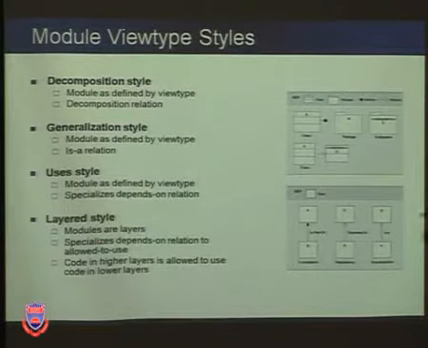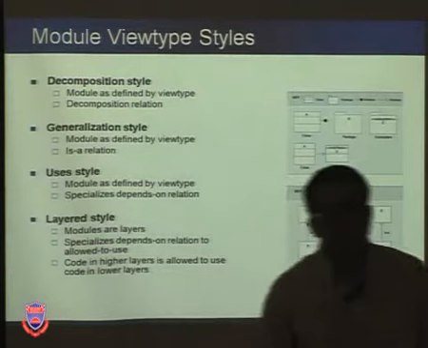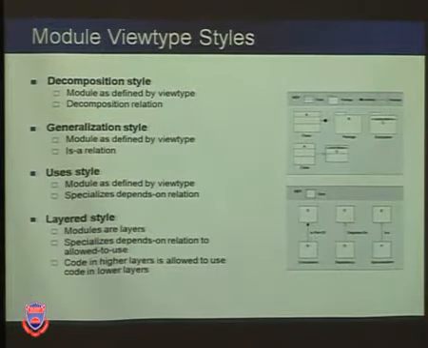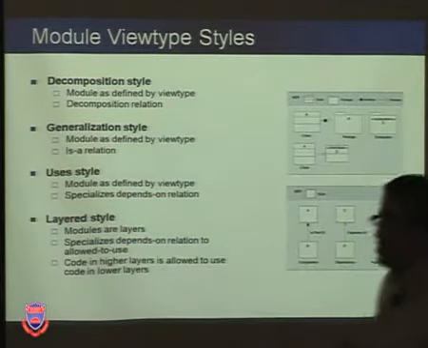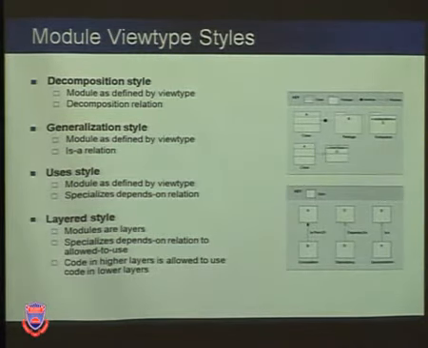There are 4 predefined styles of the module view type: the decomposition style, generalization style, user style, layered style. It's very simple actually. Decomposition style is derived from the view type. What is the element?